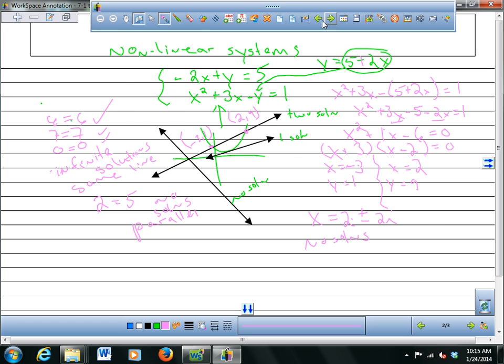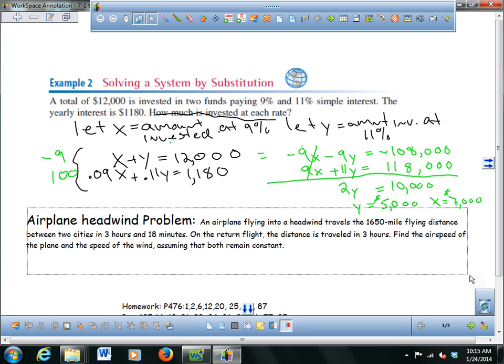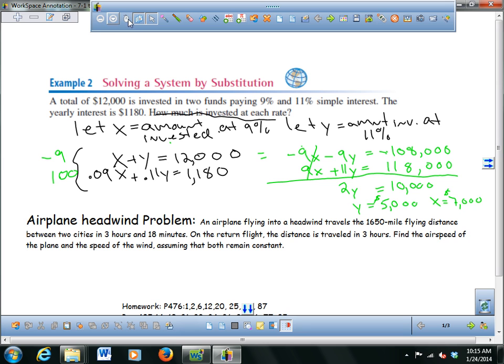So I like this problem, if I could find it. The headwind problem. Maybe I could take a picture of it. I'm going to make a new page.